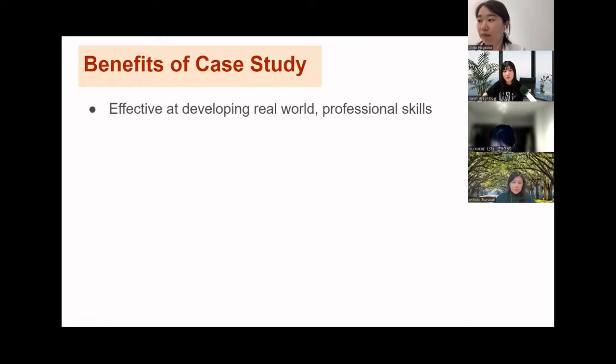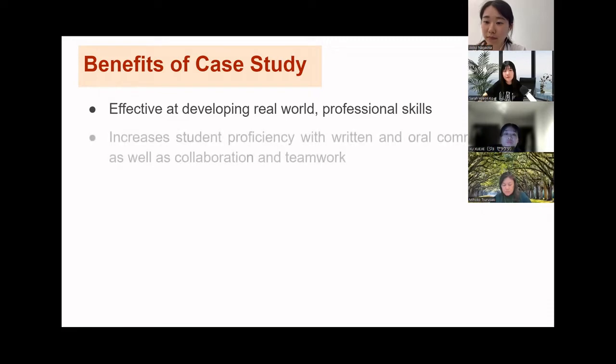I think the benefit of case study is actually very useful for you, because you are also working people, Akiko, you're working, so you know the real world also. You're not a theoretical person, theory only. Case study increases your proficiency with written and oral communication.